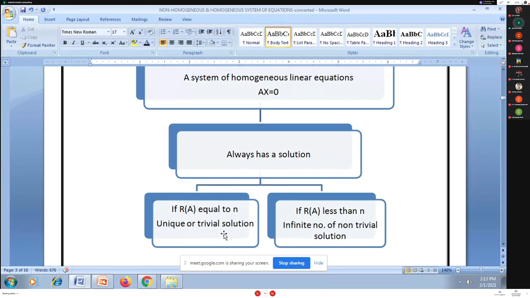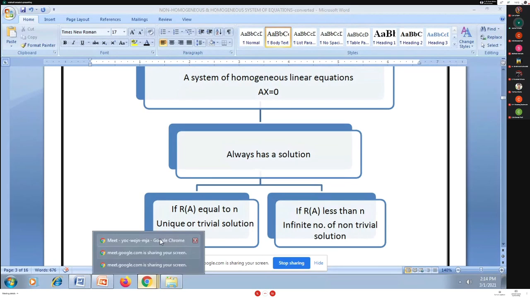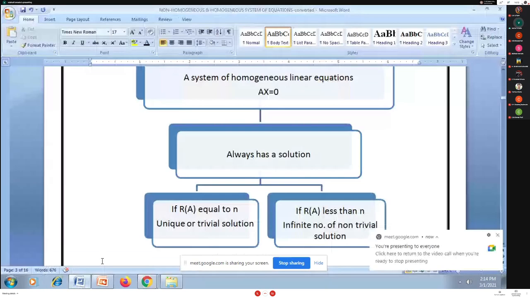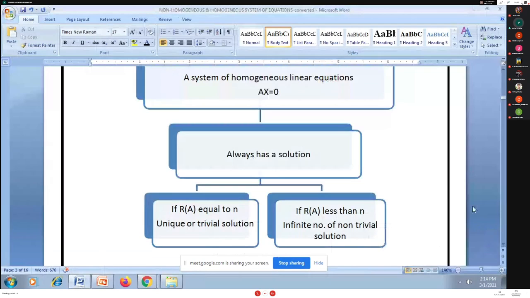I get the trivial solution whenever the rank of the matrix is equal to the number of unknowns, that is, all unknowns are 0.